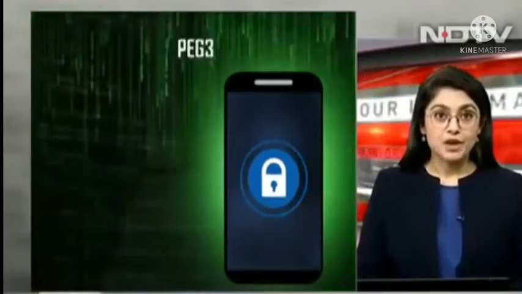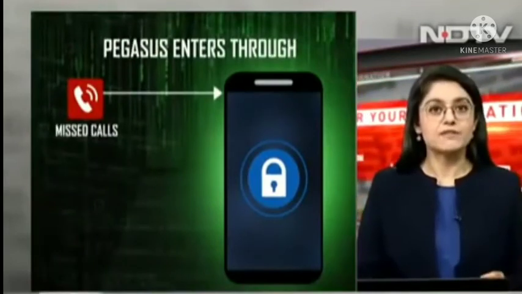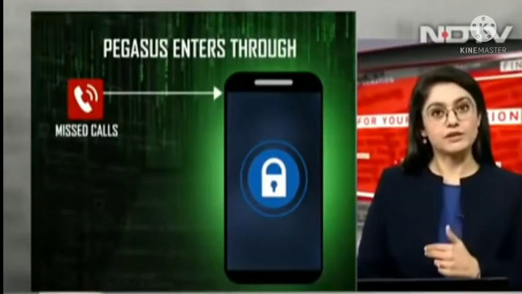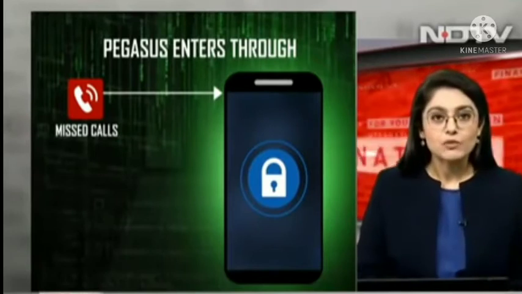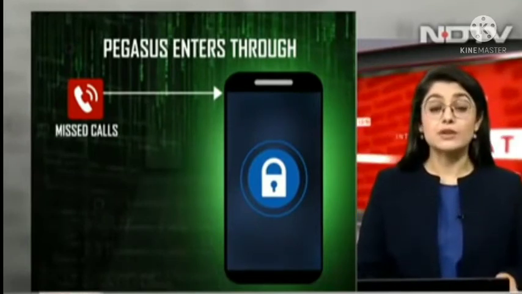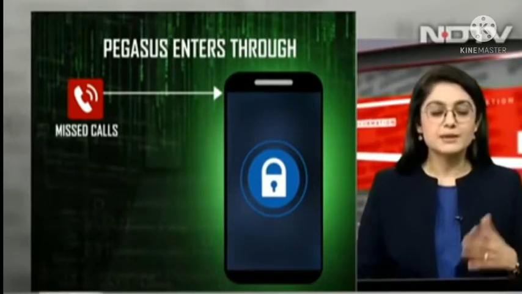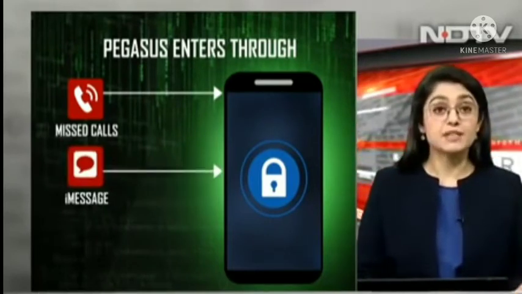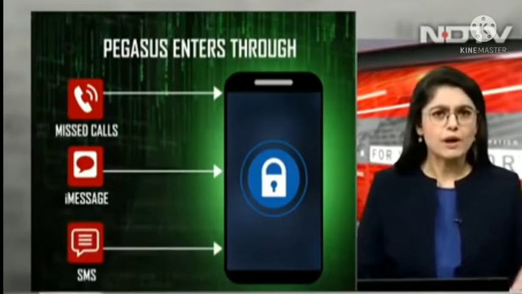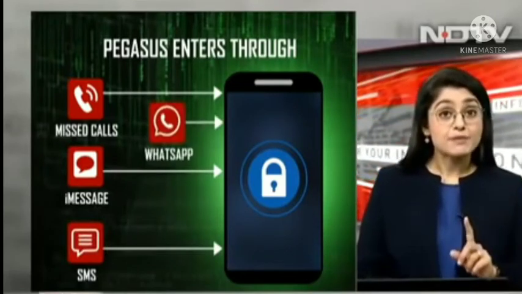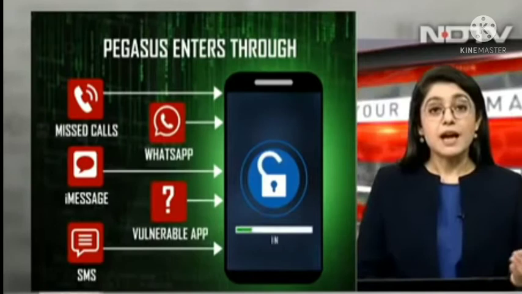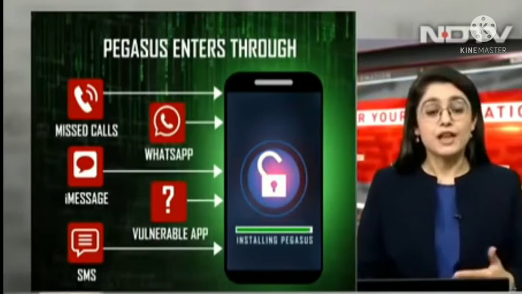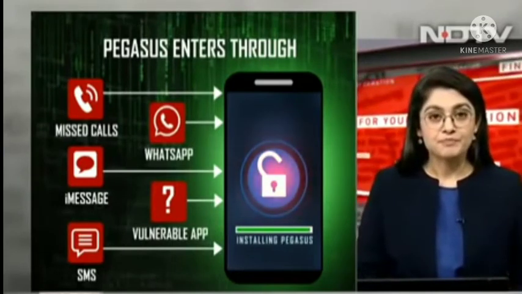Number 1, for any spyware to infect your device, it needs an entry point. Now, gone are the days when you would be steering clear of suspicious emails or links, but now with a simple missed call, at times an iMessage, sometimes an SMS, WhatsApp, any vulnerable app. And these are apps, remember, not just that you accept, there could be something inbuilt as well.